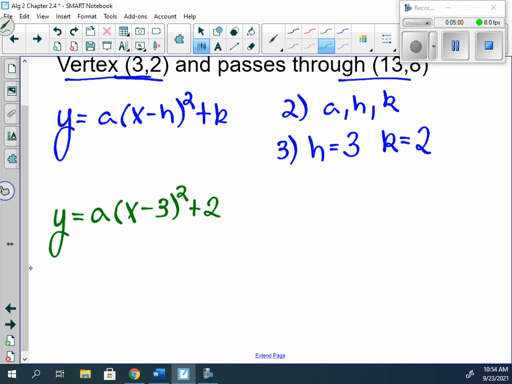Because all we've done at this point here is filled in the values of h and k. Well, the one variable that we're missing is a, yes? Now, what's the only piece of given information that we have not used yet?